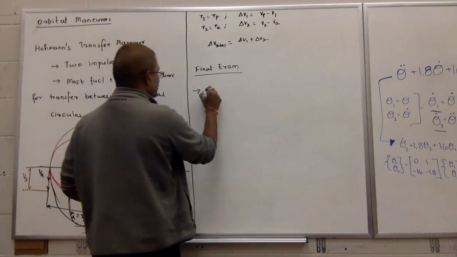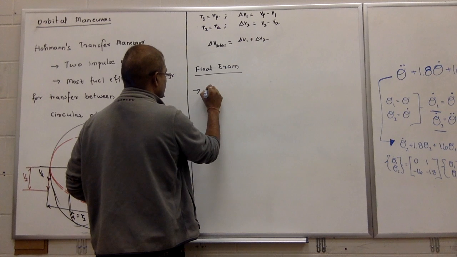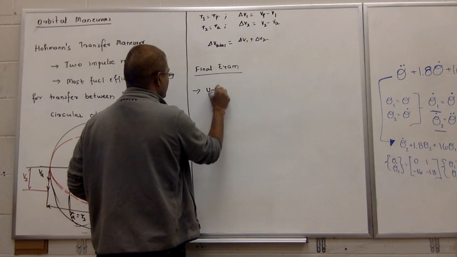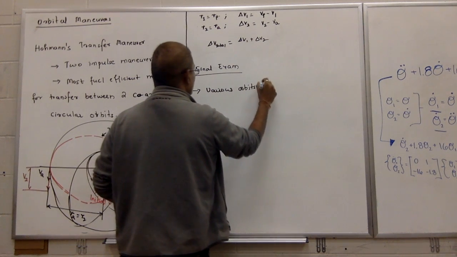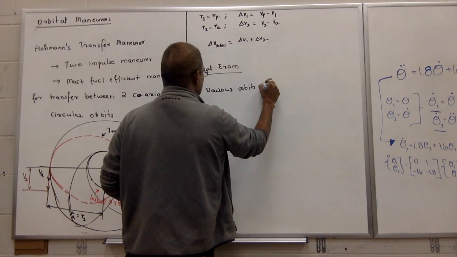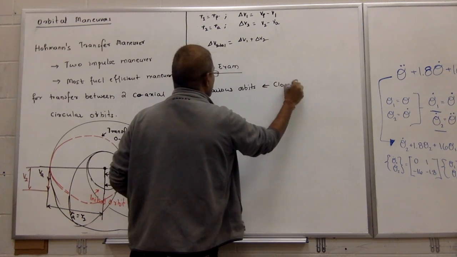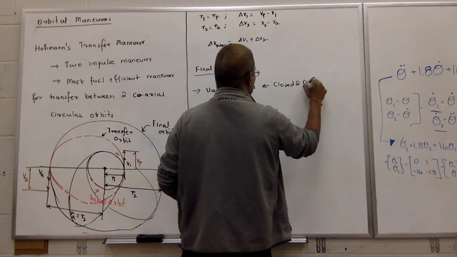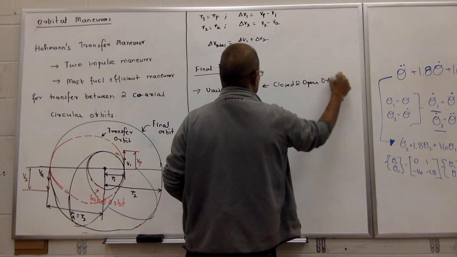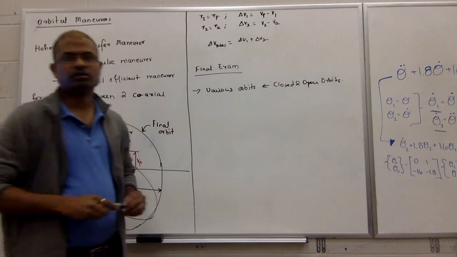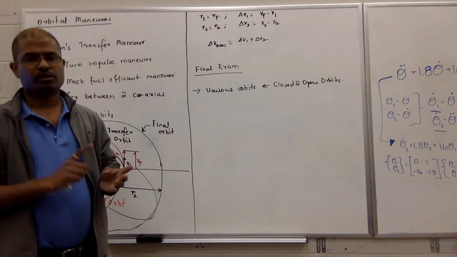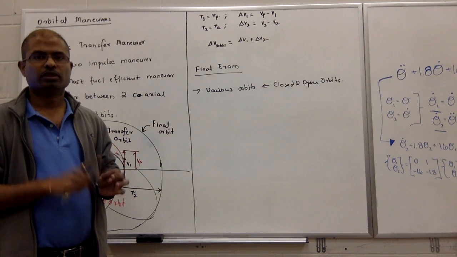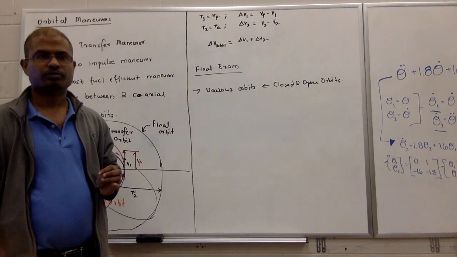For the final exam, we'll talk about various orbits. What I mean is the various closed and open orbits and all those characteristics. Essentially the 4 orbit types: circular, elliptical, parabola, and hyperbola.